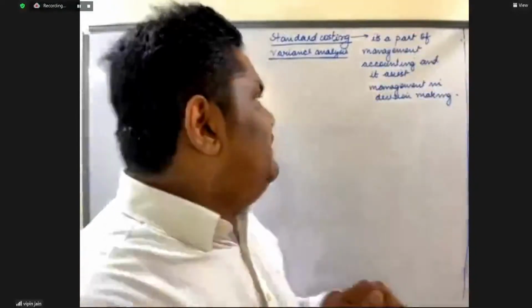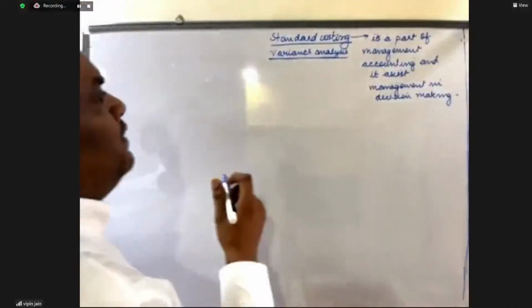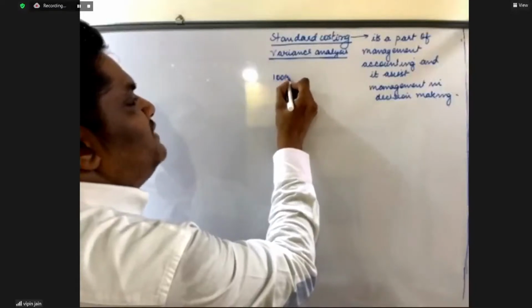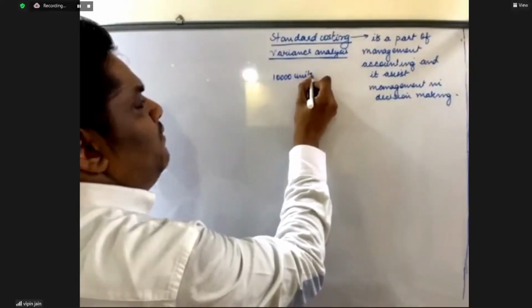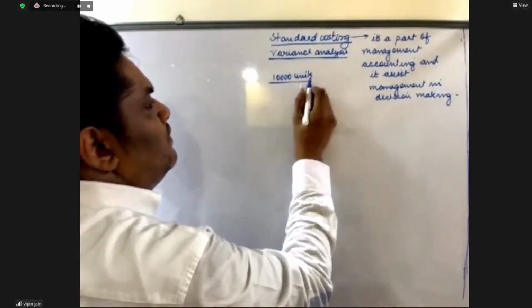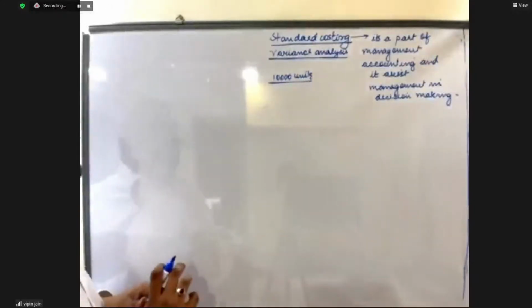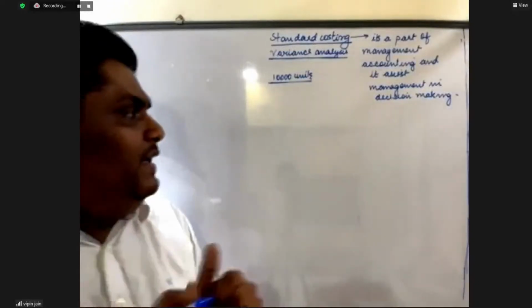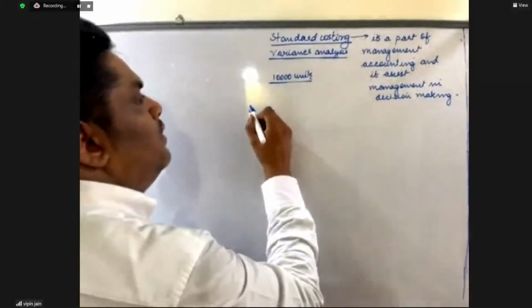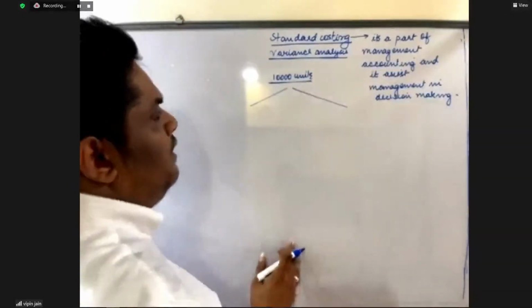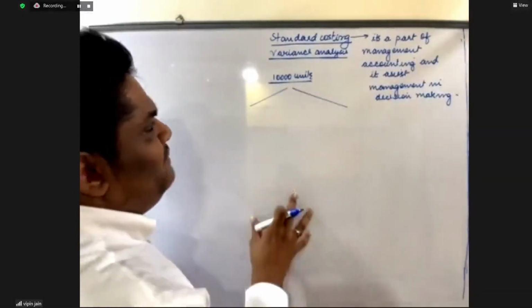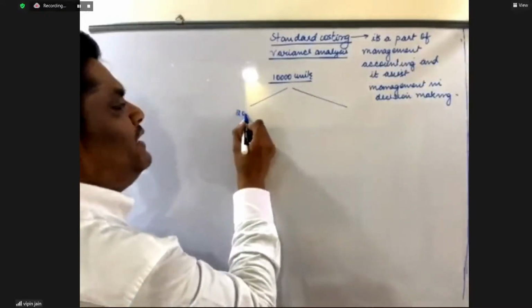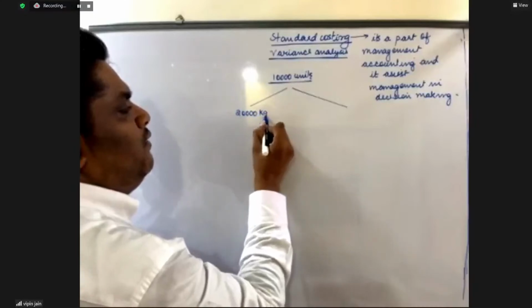Let me discuss this point with the help of an example, how it works. Let's say I manufacture 10,000 units in a year. Now I set up the target that these 10,000 units will be manufactured using 20,000 kgs of raw material.